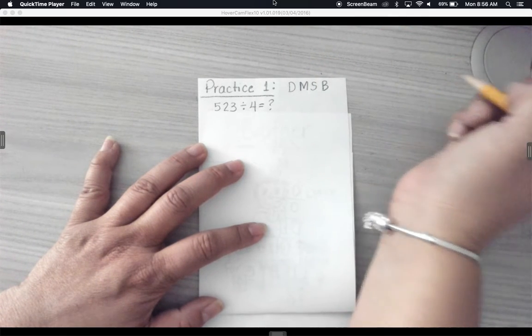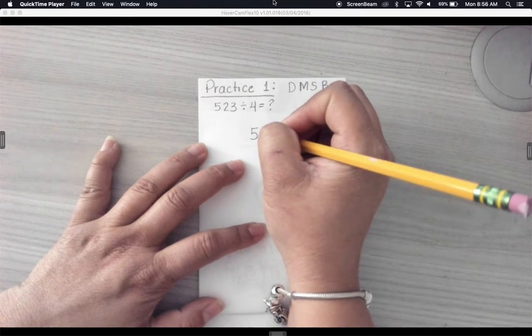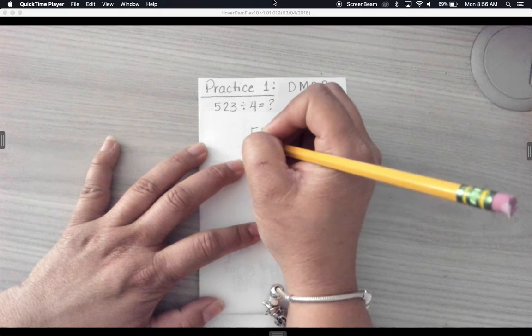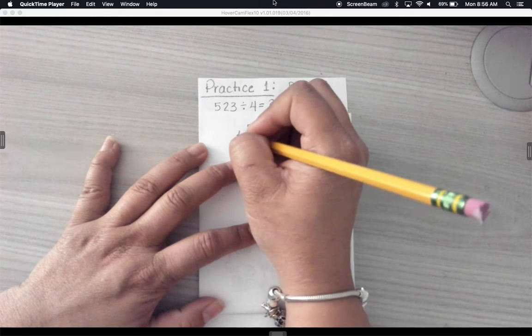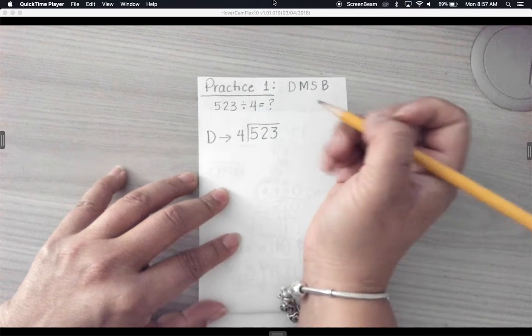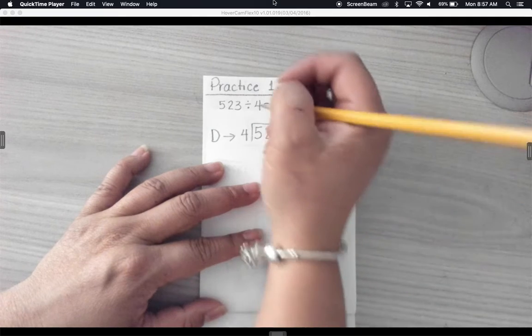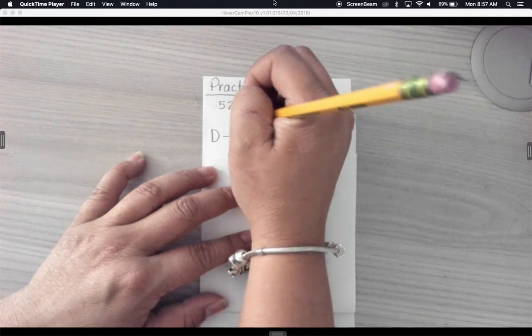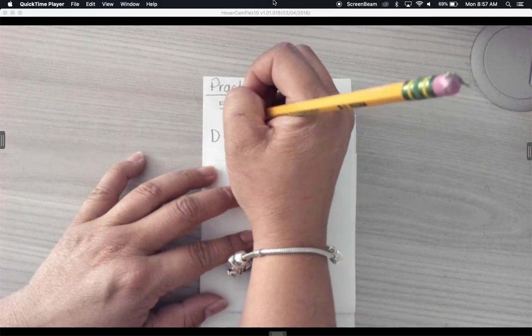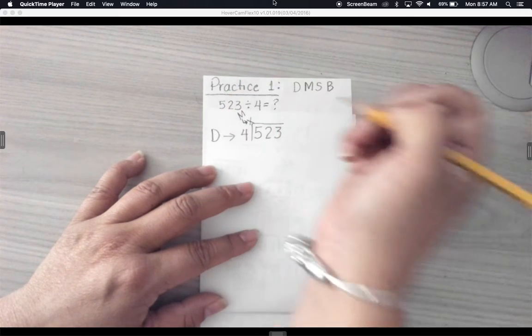All right. So let's set up this problem. And Dad tells me to divide. Right? All right. Now Mom tells me I need to multiply.